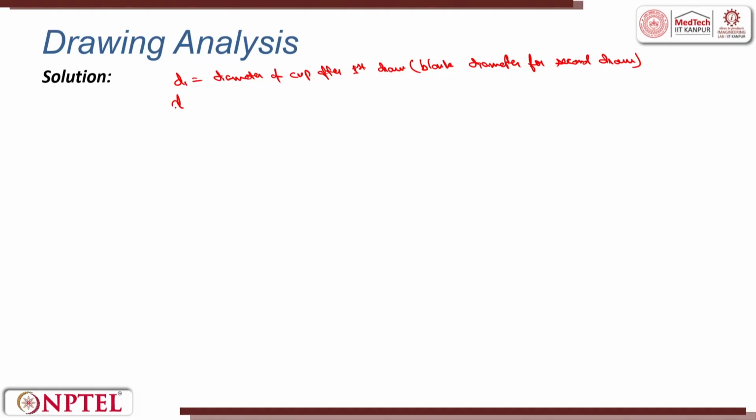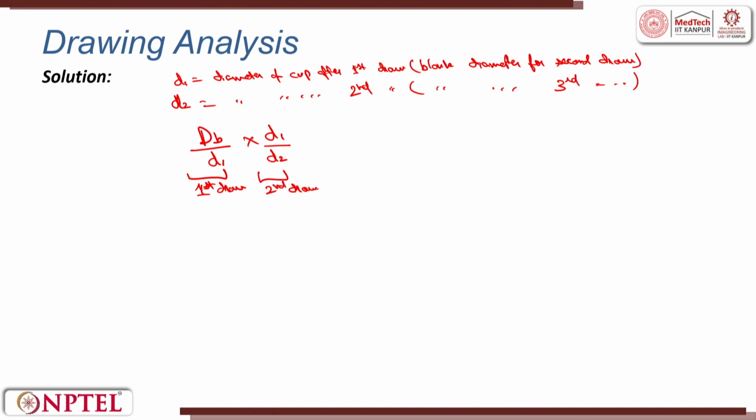Subsequently, we can keep putting d2 as diameter of the cup after the second draw, which is my blank diameter of the third draw, and so on. Here I can put it as the blank diameter by d1 into the second draw, that is blank diameter by d2, that is d1 by d2. This is first draw, this is second draw, and so on up to the number of draws is equal to 3.41.